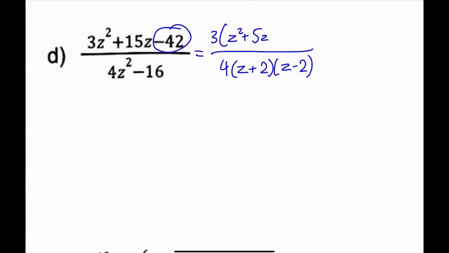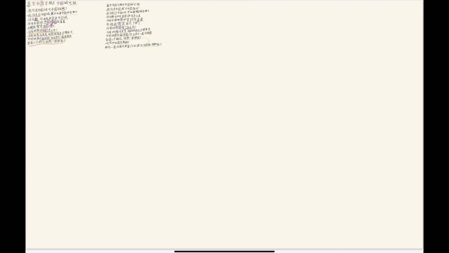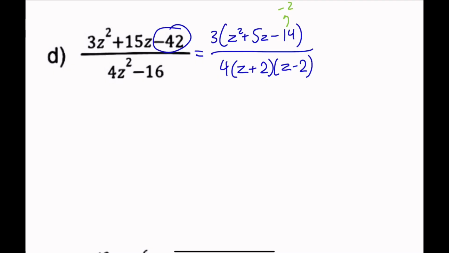And the minus 42 divided by 3 is minus 14, since 14 times 3 equals 42. And then let's try to factor this if we can. This becomes 7 and minus 2. Okay, that was easy. We can do z minus 2, z plus 7.